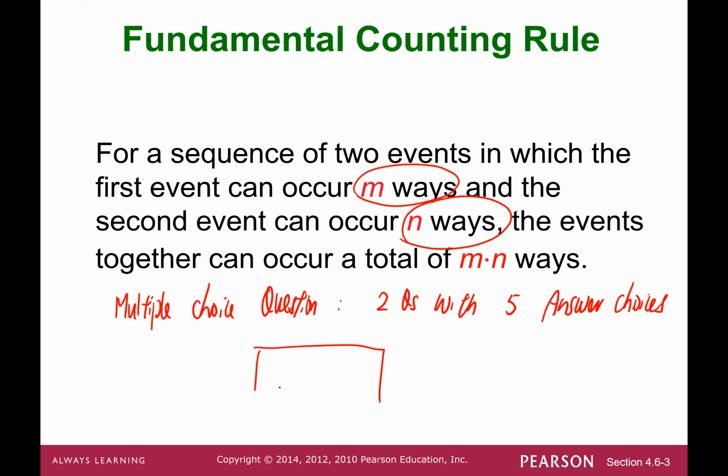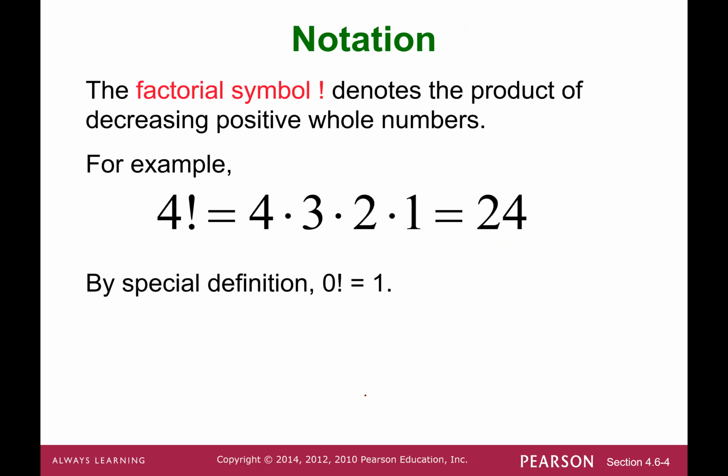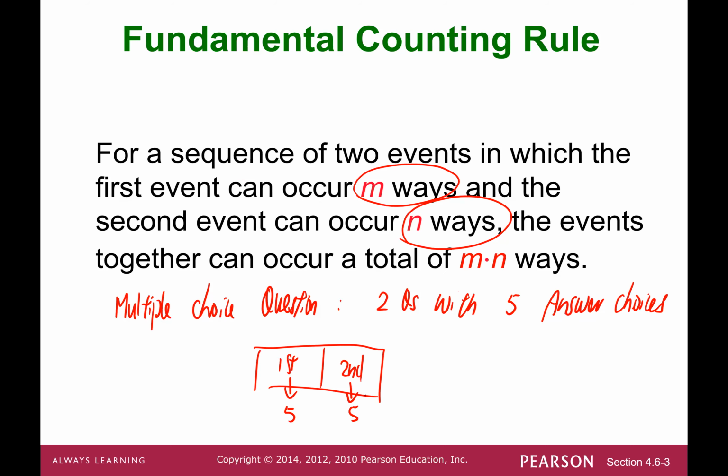So for the first question, you have 5 possible answer choices. For the second question, you have 5 possible answer choices. So 5 times 5 gives us 25 possible answer combinations. You can also use a tree diagram to come up with all 25 possible outcomes here.